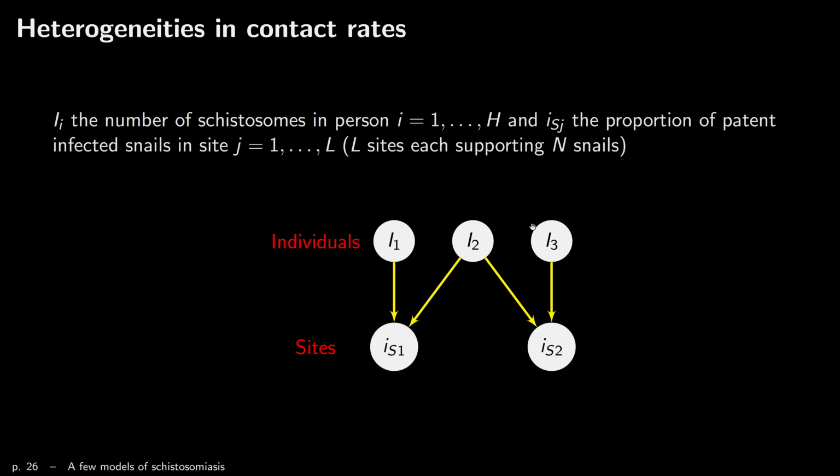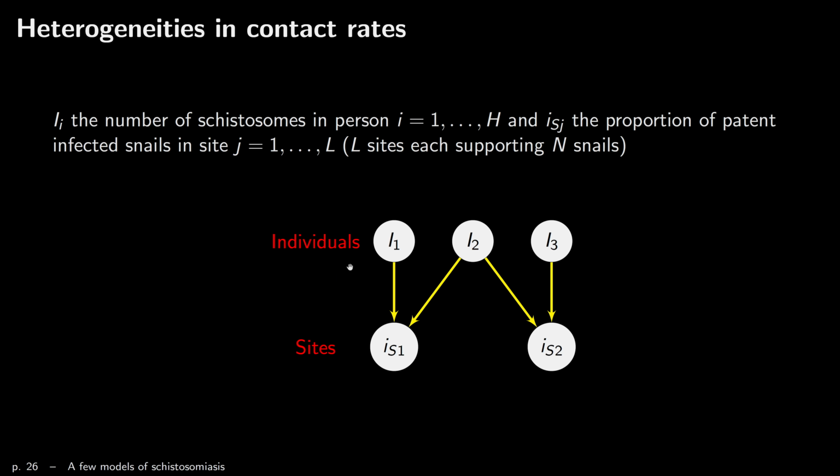So here, for example, in this graph, I have 3 individuals, I1, I2, I3, and I1, I2, and I3 are the number of schistosomes that each one of them has. So instead of considering a mean number of schistosomes in humans, I'm considering individuals, humans, as separate entities, and I'm counting how many schistosomes each one of them has.